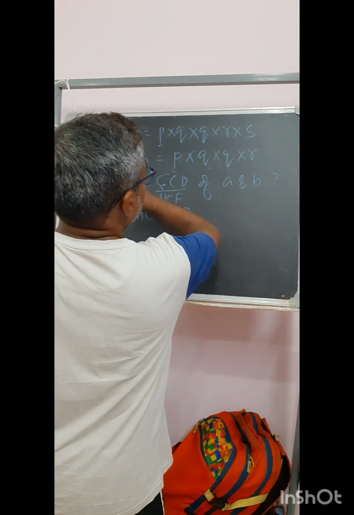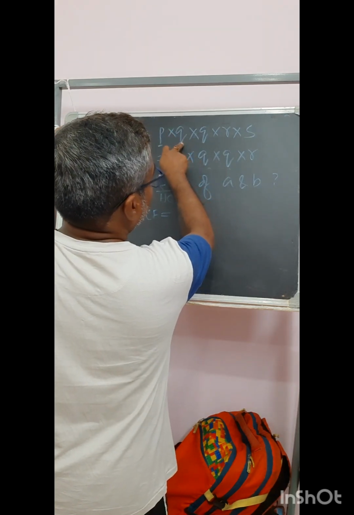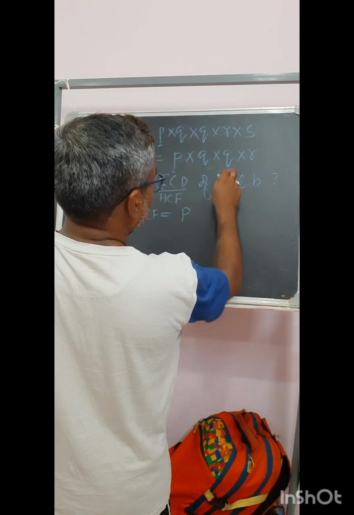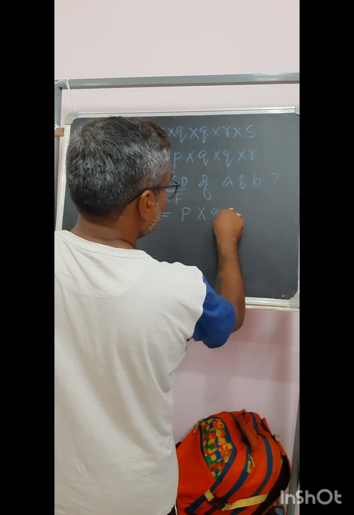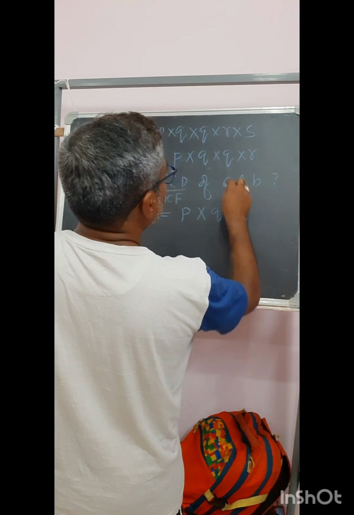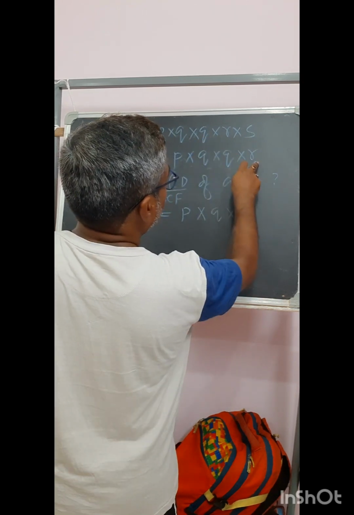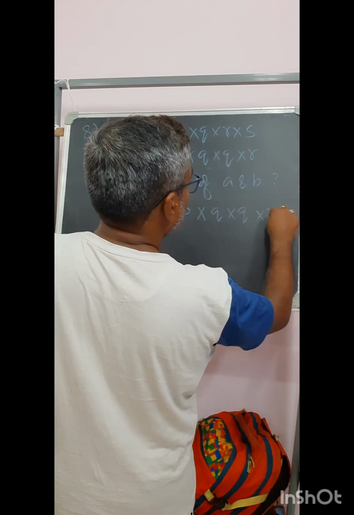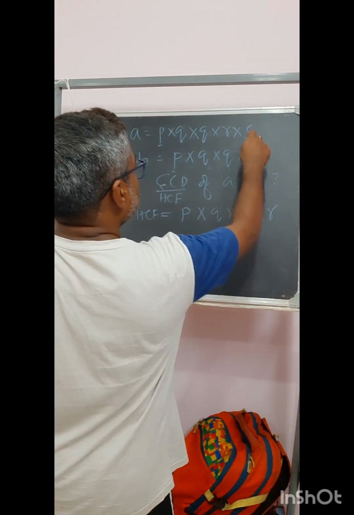So P is gone. Now Q is another factor, but here two Qs are coming, and here also two Qs are coming, so there is no problem taking two Qs together. Then R is also common and the power is 1, so I can take R. But S is not common.